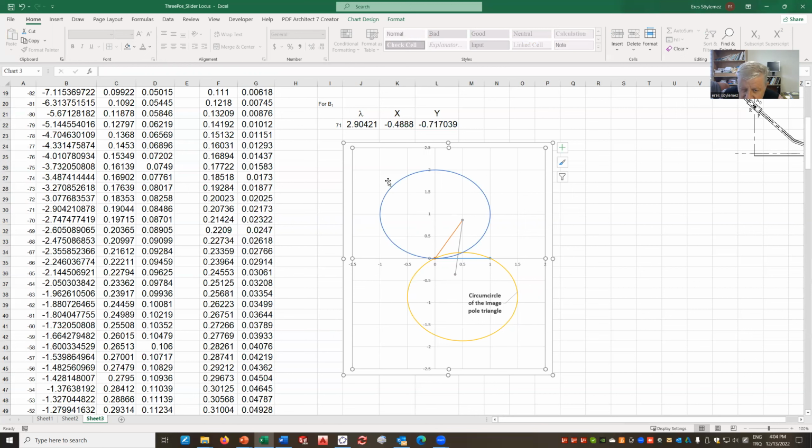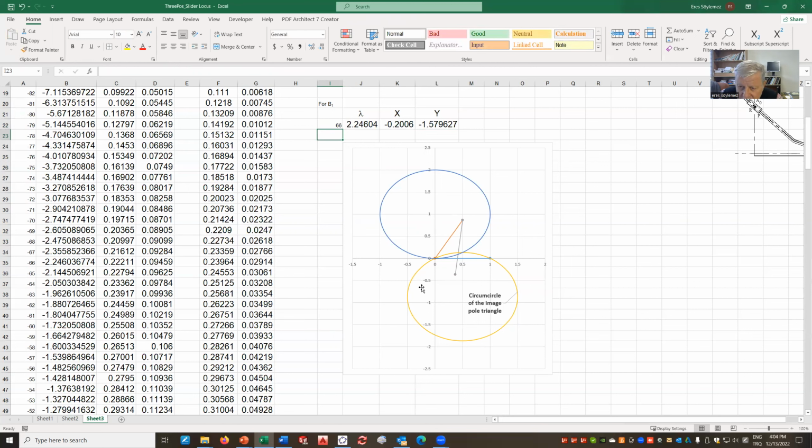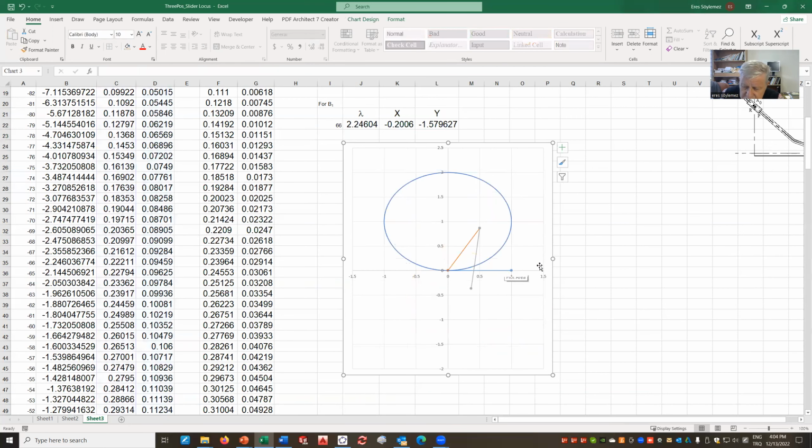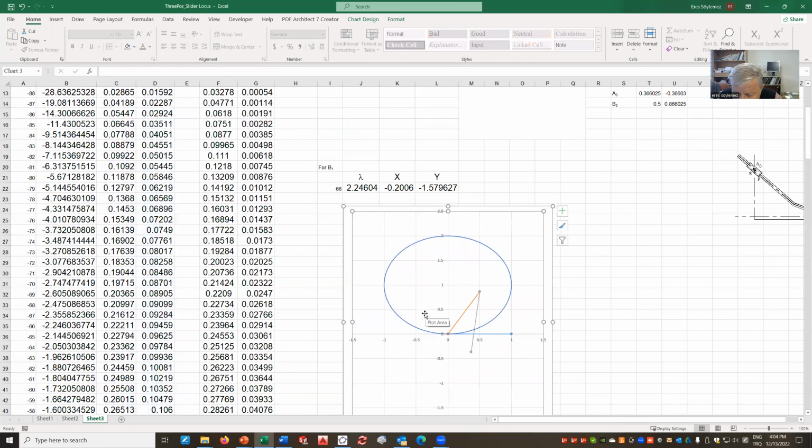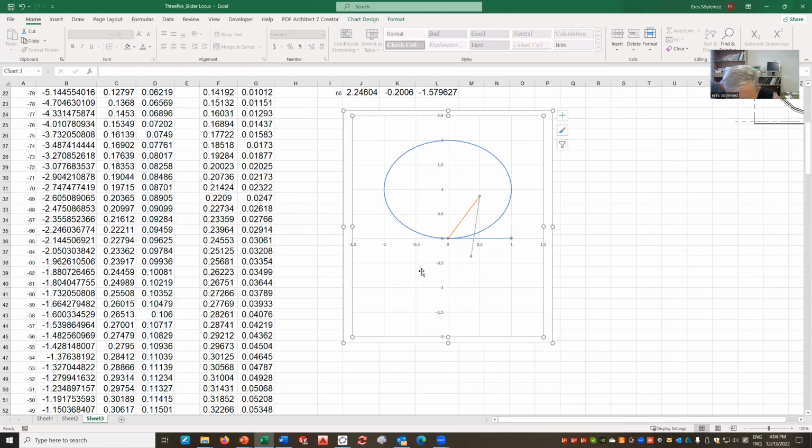That's the reason. Let me change this to 66. 0.206 X value, y value 1 point minus minus. I can't see it. So what I will do is this. First, delete this. Did I plot that?